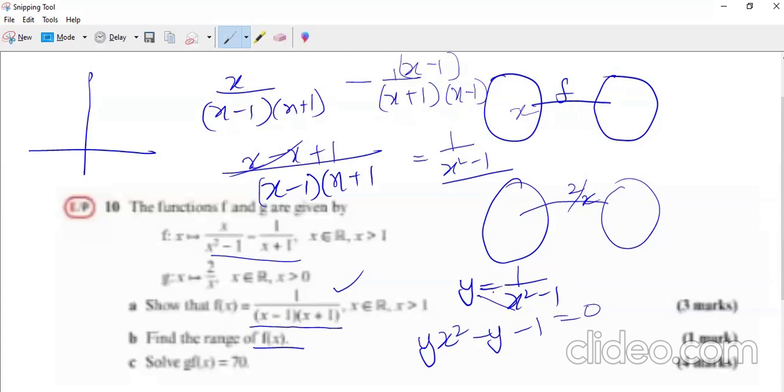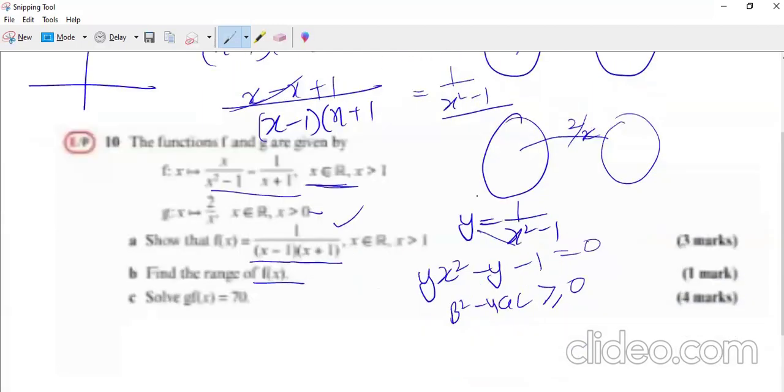Now, this x is real, so that means b² minus 4ac has to be greater than or equal to 0, because he is saying here x is real. The other thing he's saying is that x has to be greater than 1.